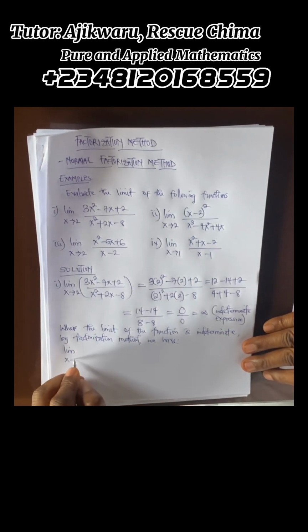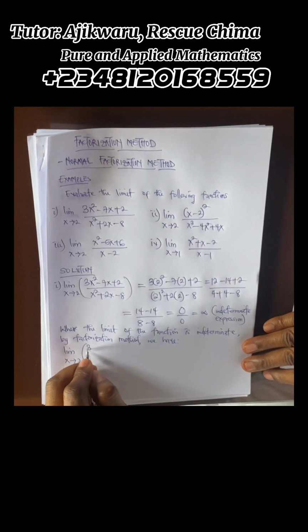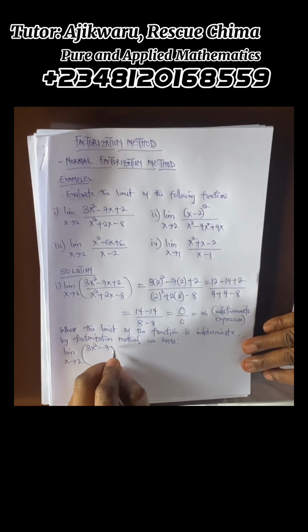Limit x tends to 2, you have 3x squared minus 7x plus 2 all over x squared plus 2x minus 8.